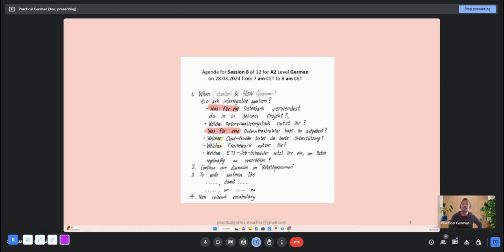Was für eine Dateninfrastruktur habt ihr aufgebaut? Struktur. Whenever a word ends with this R alphabet, you replace R with A. You can say Struktur, it's fine. There is no problem. But if you want to speak Hochdeutsch, you have to say Datenstruktur, Dateninfrastruktur.